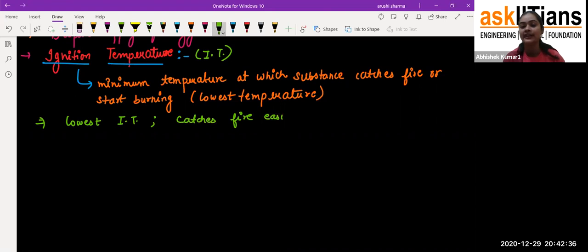That means, students, if its ignition temperature is low, we would not have to give more and more heat for it to catch fire easily. Exactly. So a smaller amount of heat is required.